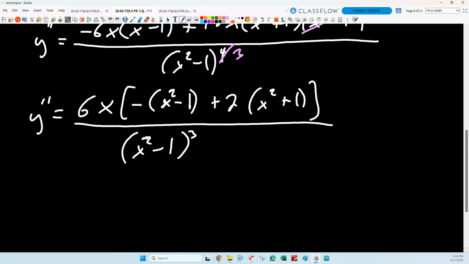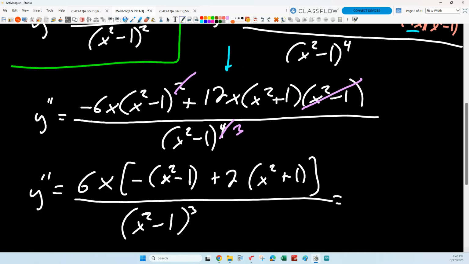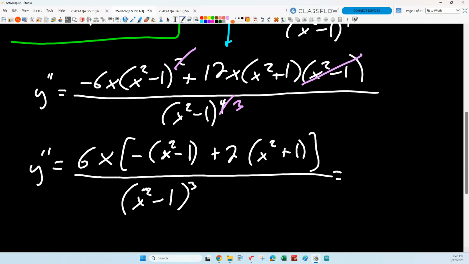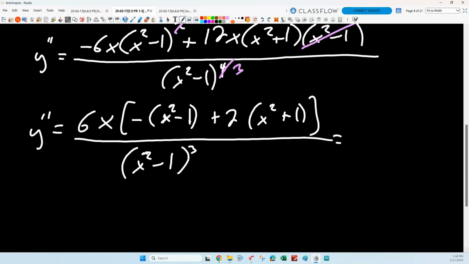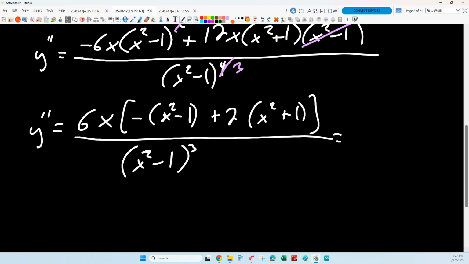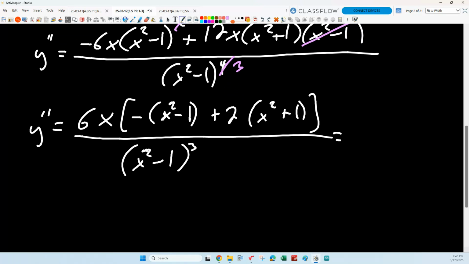So if I distribute and collect like terms, see if we can do that all at once. How many x cubes are we going to get? I'm going to get negative x squared plus 2x squared. So I'm going to get 6x cubed. Everybody agree? Okay. How many x's?